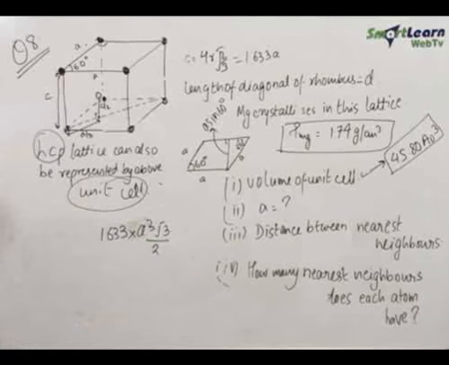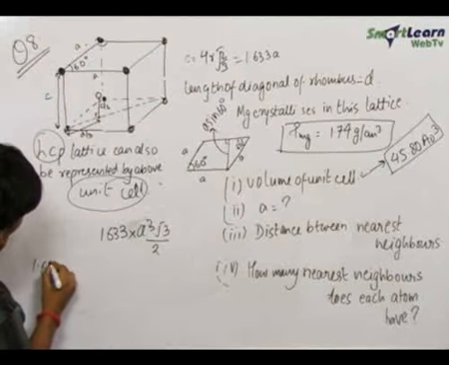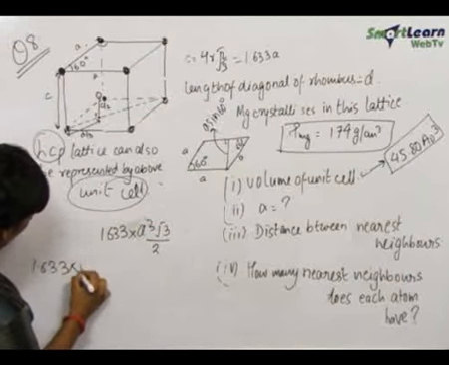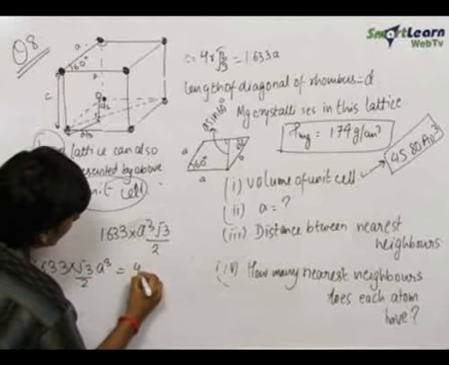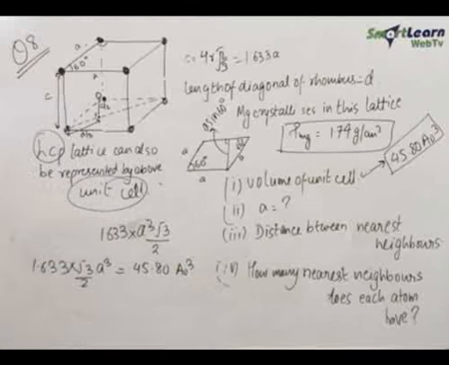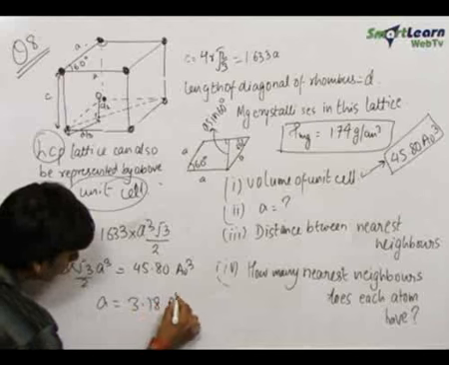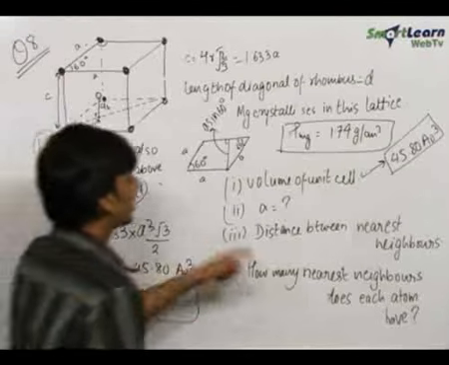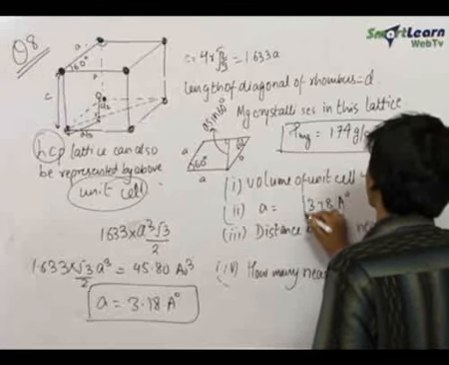This is our required volume, and we already know that this is equal to 45.80 angstrom cube. Therefore we get 1.633 into root 3 by 2 A cube is equal to 45.80 angstrom cube. On solving this, the value of A comes out to be equal to 3.18 angstrom. So our answer for A is 3.18 angstrom.